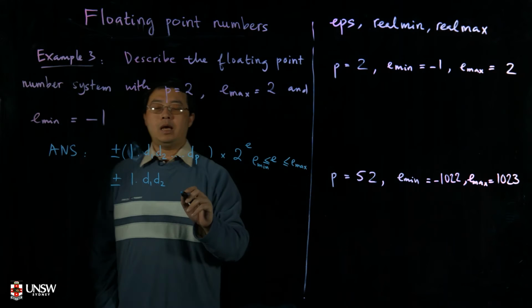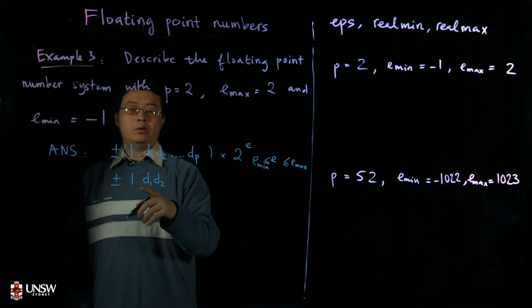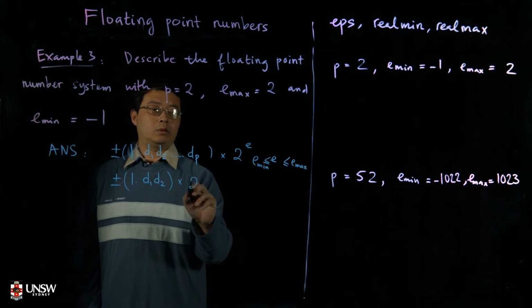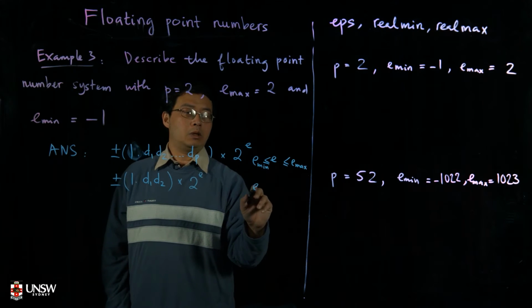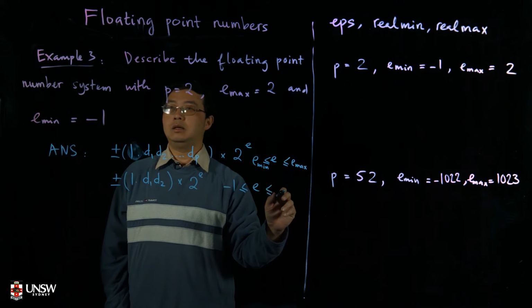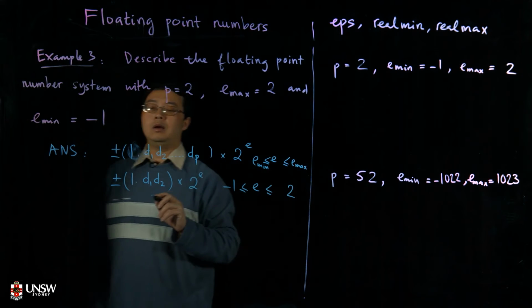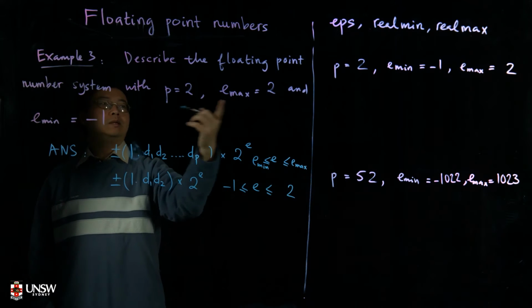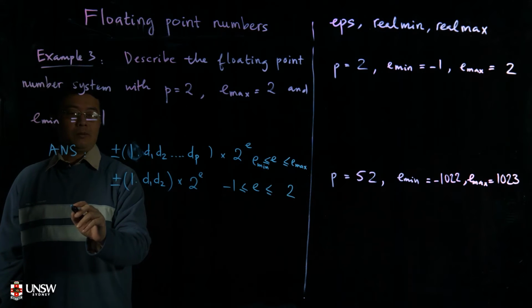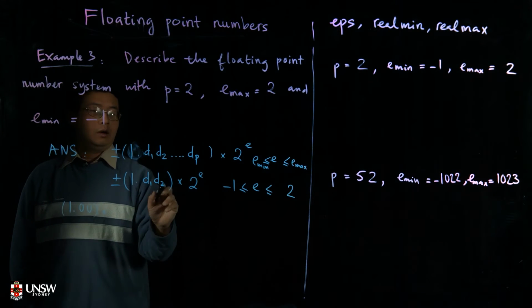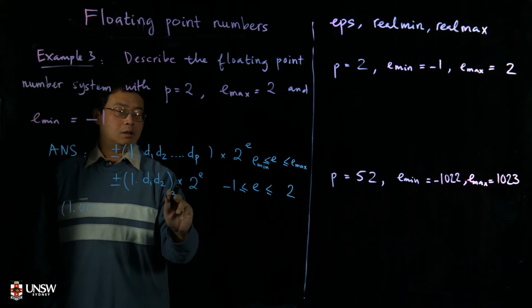So in our case, we have only 2 digits, so it will be 1.D1D2 times 2 to the E, and E is between Emin, which is -1, and Emax, which is 2. How many numbers can you represent with these 3 parameters? Remember this is base 2.